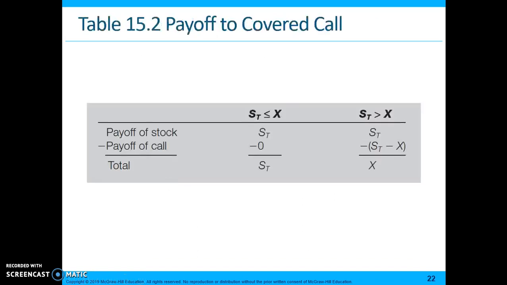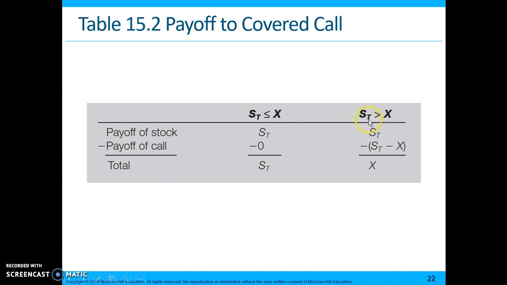Covered call, next example. We're buying the stock and then we're writing a call. If the stock price is below the strike price, we simply receive the stock price.